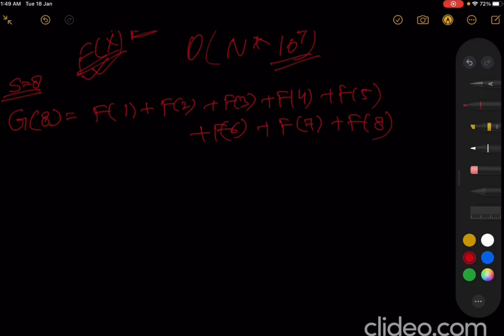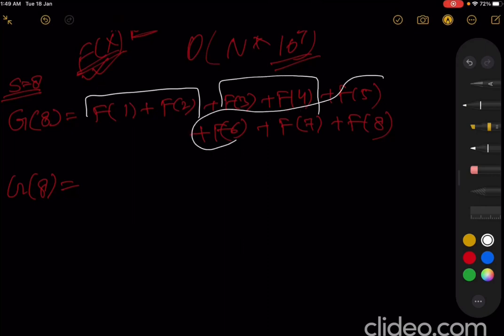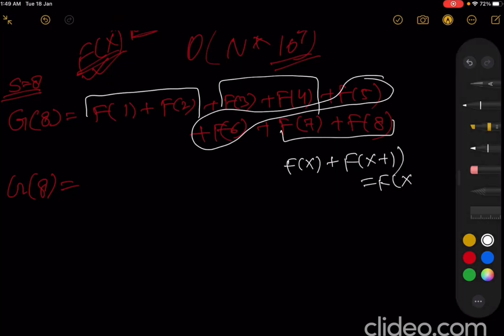Now let us see what happens if we write g of 8 in another form. Let's pair these terms together: pair these two, and these two, and so on. By pairing, I mean we can use the fact that f of x plus f of x plus 1 is equal to f of x plus 2.